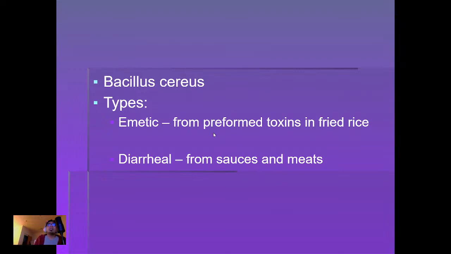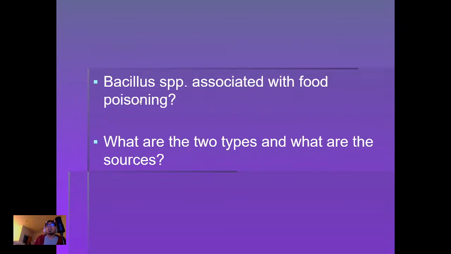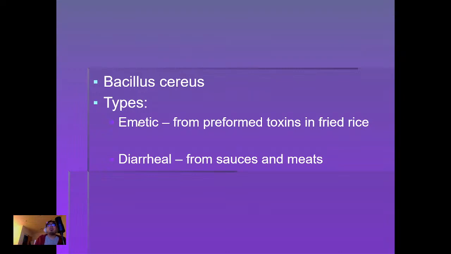So preformed toxins in fried rice, that's where you get a lot of vomit. Emesis, in colloquial terms, is vomiting, or barfing. When you barf, you are basically doing emesis. Emetic.